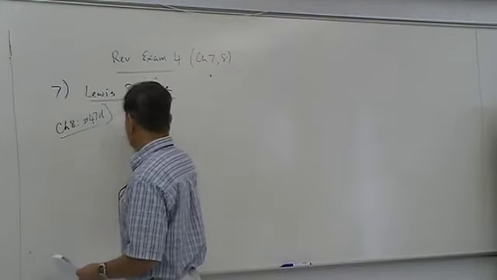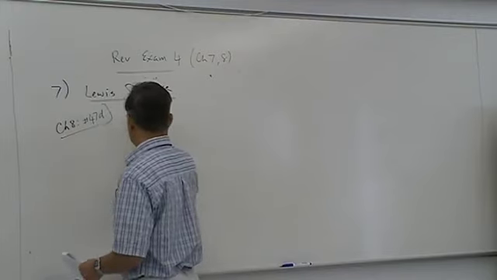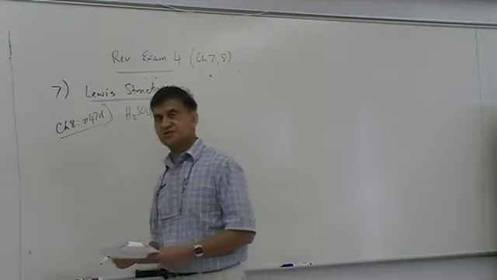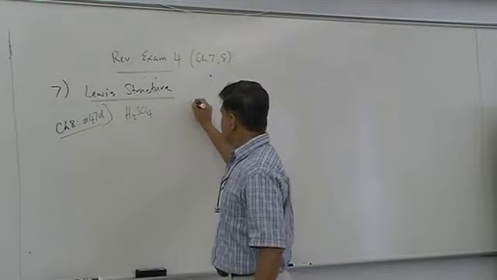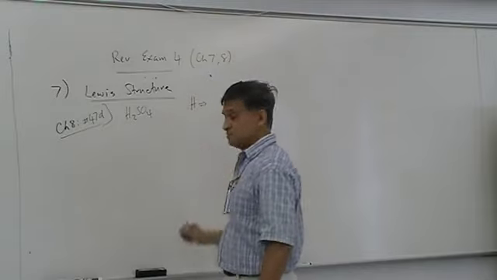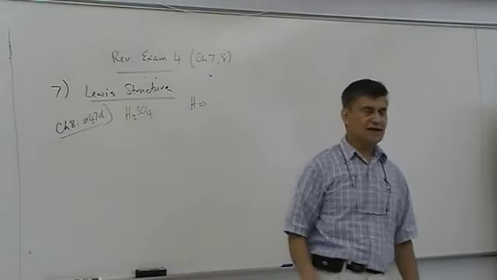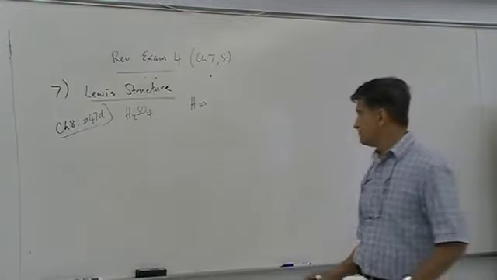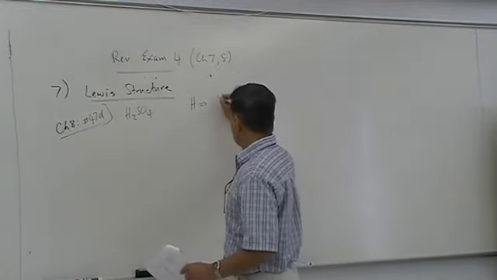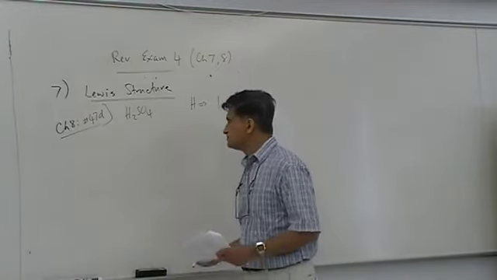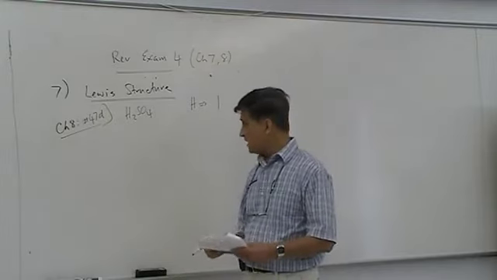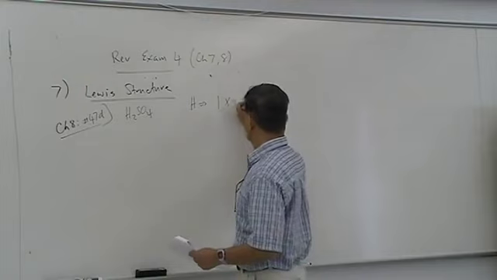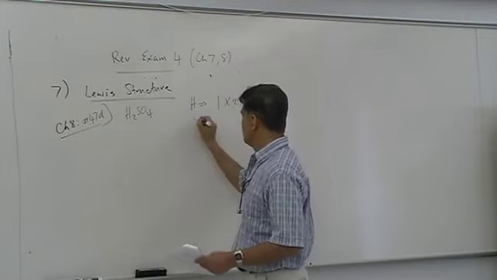The question is on H2SO4, sulfuric acid, the Lewis structure for sulfuric acid. In order to get this answer, first you need to get the valence electrons. Hydrogen has one valence electron. It's the outermost electron. That's the valence electron. And I have two hydrogens, one sulfur.